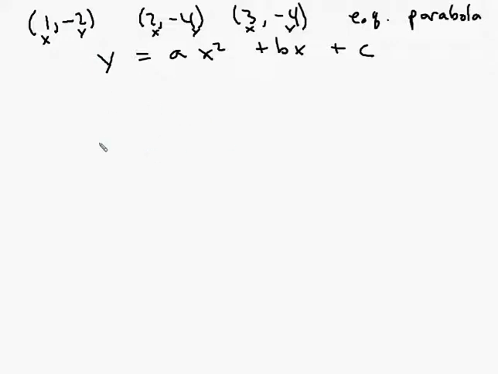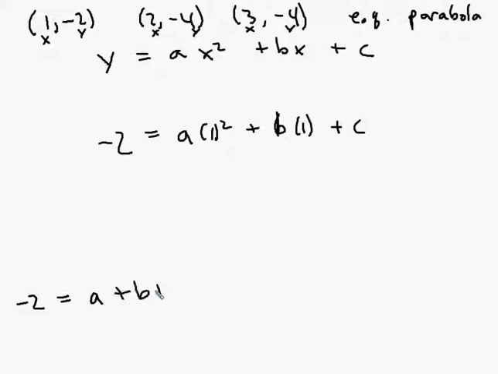So y is -2, and then x is 1. And then I simplify that. So this generates this equation.